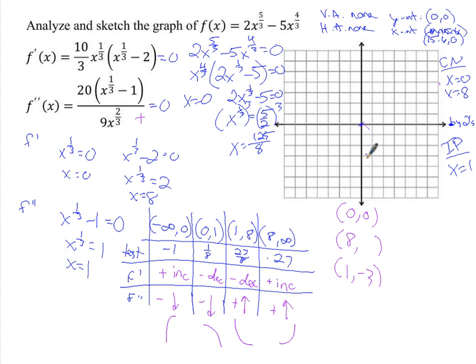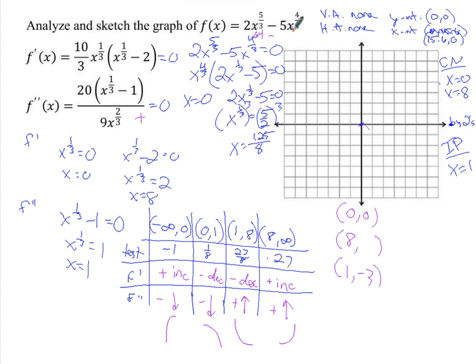Okay? So we have 8. Plug it in. You can raise it to the 5th power first and then take the cube root. I do not recommend doing that. Take the cube root first and then raise it to the 5th power. So we have 2 to the 5th, which is 2, 4, 8, 16, 32. 32 times 2 is 64.